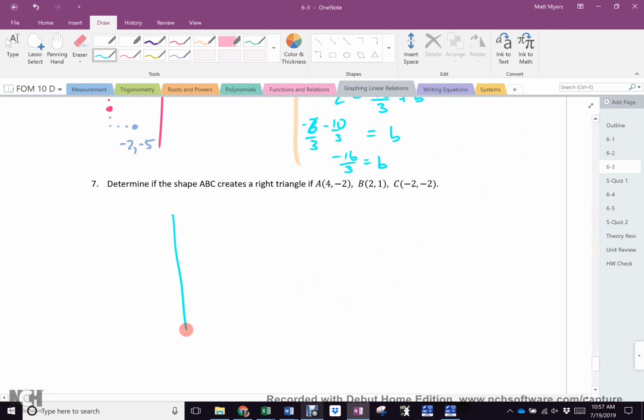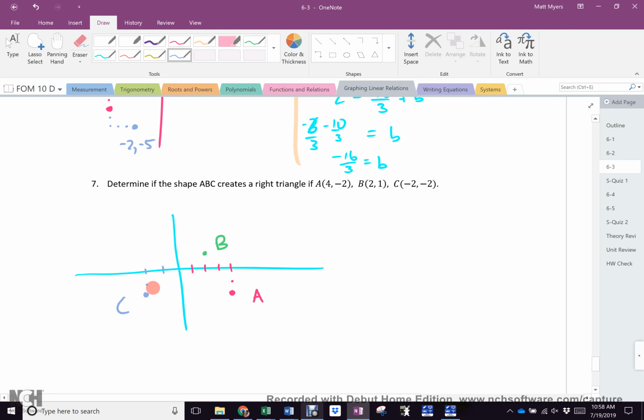Is this a right triangle? I don't know. Let's check. 4, negative 2. 1, 2, 3, 4, down 2. There's A. B: 1, 2, up 1. There's B. C: negative 2, 1, 2, down 1, 2.